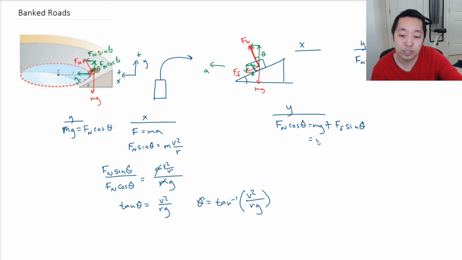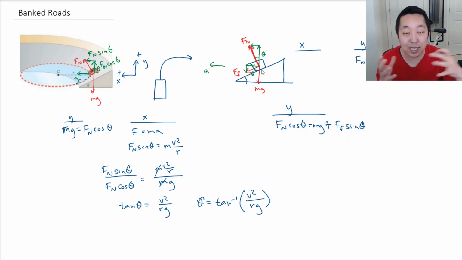And the force of friction is mu times the normal force. Well, it can be. It may or may not be, because what kind of friction is this? If we're not sliding up and down the ramp, this is static friction that's helping me. So this would be static friction.